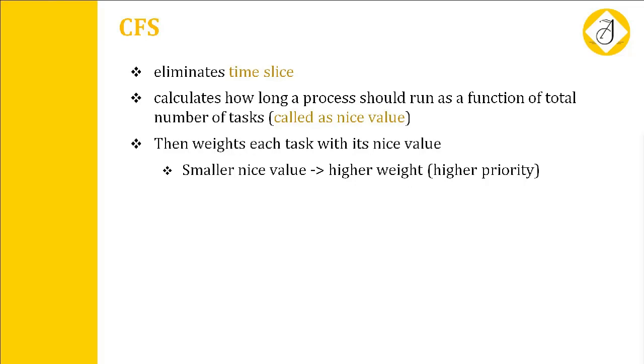It eliminates the traditional and common idea of time slice. What do you mean by time slice? Each and every process will be given a certain amount of time to utilize the processor. So this completely fair scheduler eliminates the traditional idea of using time slice.